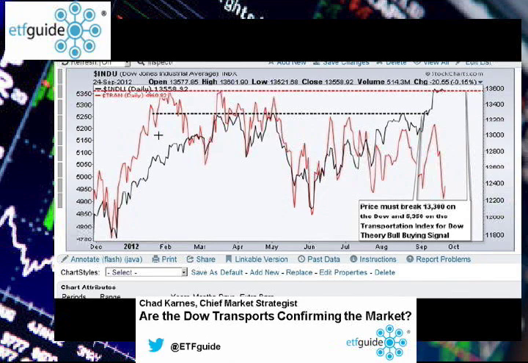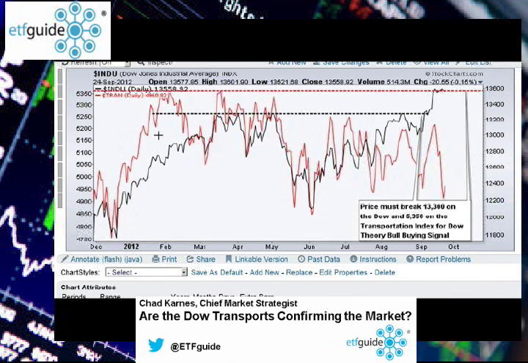Now, obviously, the industrials blew past their high when the ECB and the Fed announced their upcoming policies, but the transports have not even come close to making their new high, and they continue to show a negative downtrend while the industrials make new highs.